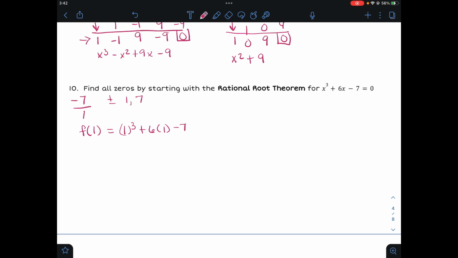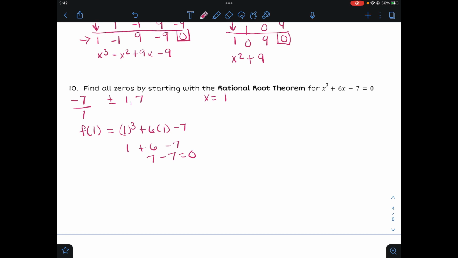If it does not equal 0, then 1 does not work. Now, negative 1 might work, or 7 or negative 7 might work, but we're going to see if 1 works first, always the easiest way to go. So 1 plus 6 minus 7, well, that's 7 minus 7, which does equal 0, so yes, it does work. So x equals 1 is one of our solutions, one of our roots.